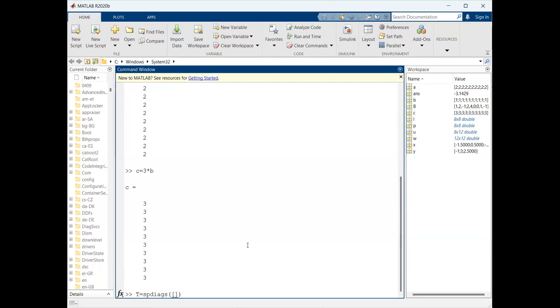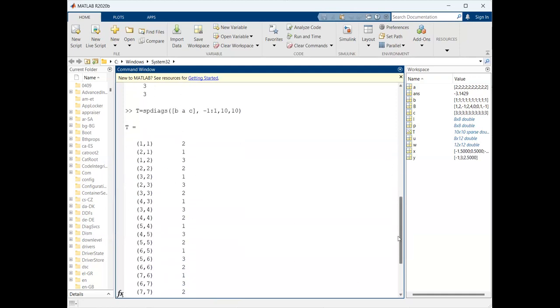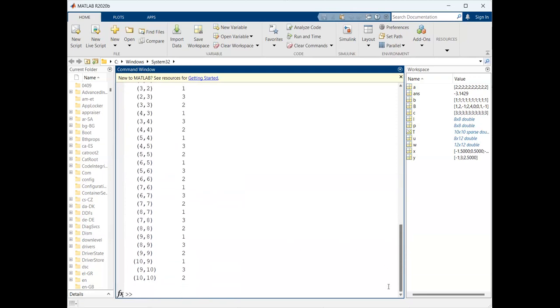That is going to be my B, A, and C. And then I say -1, 0, 1, and then 10 by 10. And then we'll see this new matrix that we have created, T. I hope yes, this is the new matrix T. And now I can do a spy of T, because this is better for you to see.